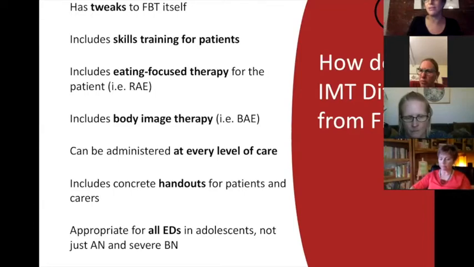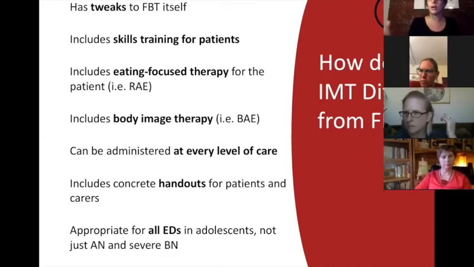So within the FBT framework, how can we use tried and true behavioral principles that have been developed in animals and people over the last 100 years and apply them to this treatment? So we've tweaked FBT itself by behaviorifying it, making it concrete, having handouts for carers, and the like.